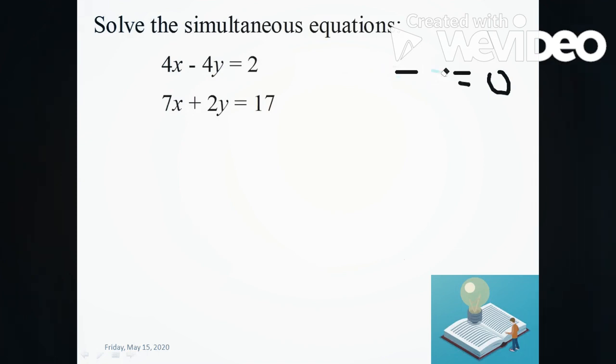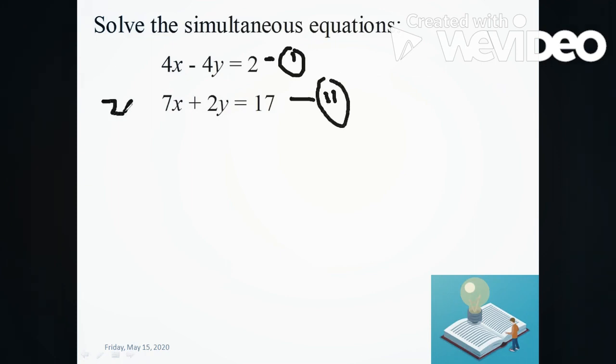We're going to multiply equation 2 by 2. Let's call it equation 1, equation 2. So we're going to multiply this one by 2.